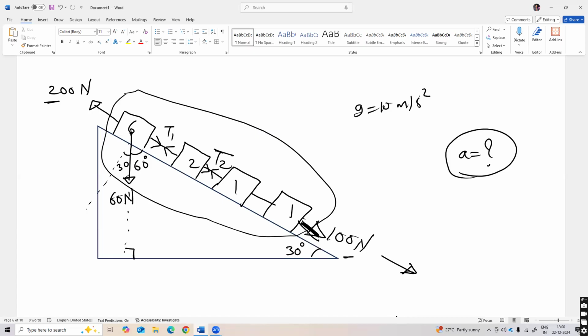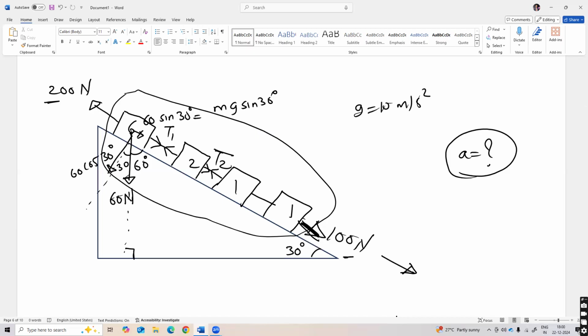So the component of weight along this direction will be 60 cos 30, and the component of weight along this direction will become 60 sine 30, or you can simply write it as mg sine 30. So this will also act as an external force.